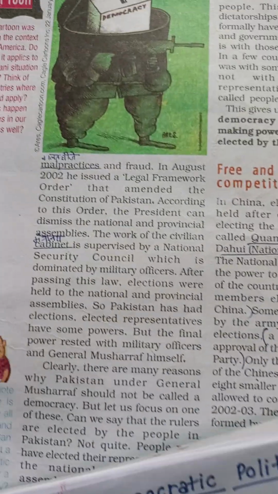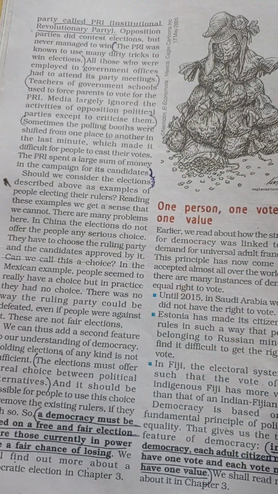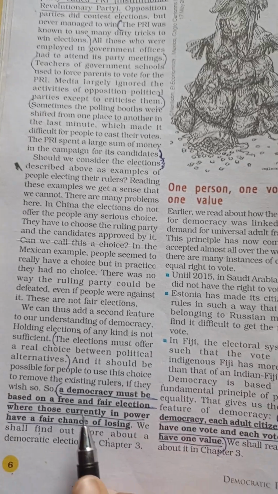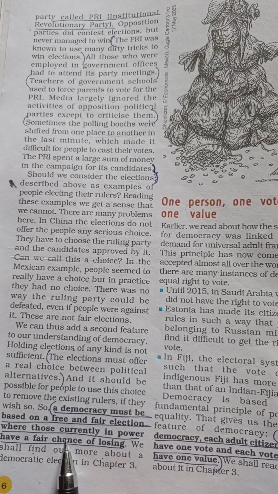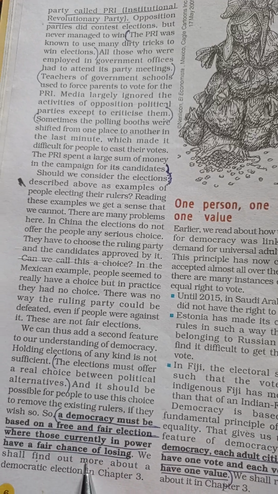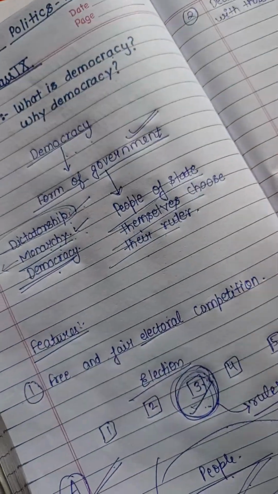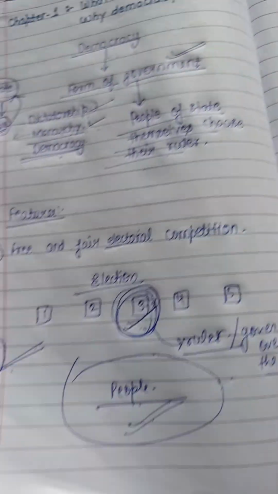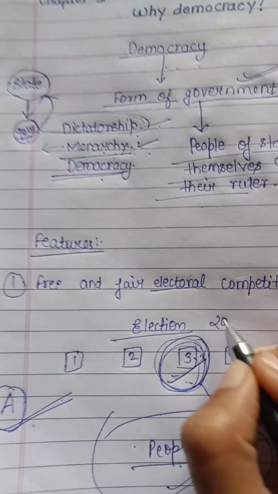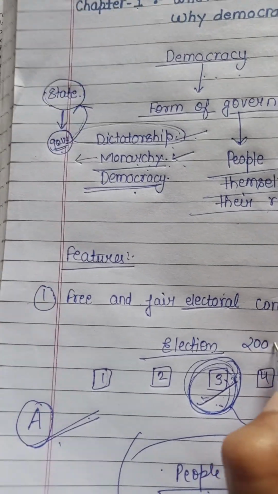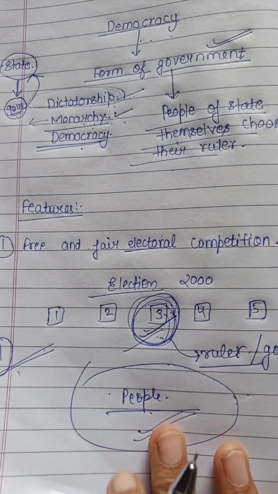That's second. Next, this is third. A democracy must be based on fair and free election where those currently in power have a fair chance of losing. What does this statement mean? Suppose contestant 3 won the election in the year 2000.